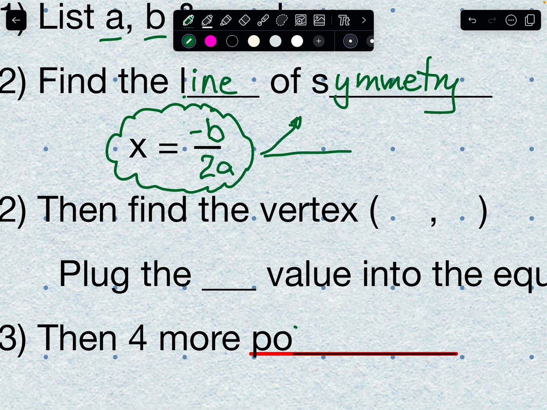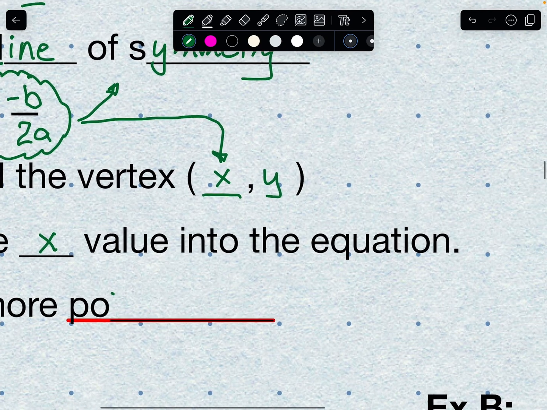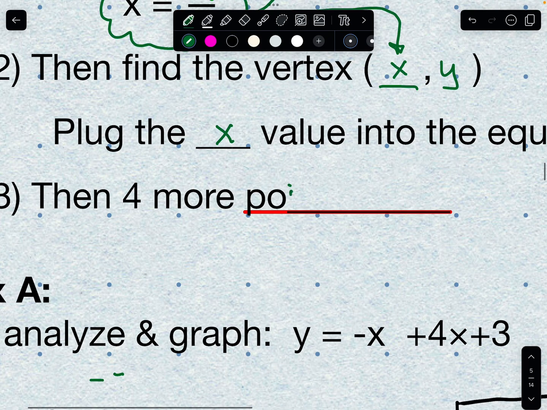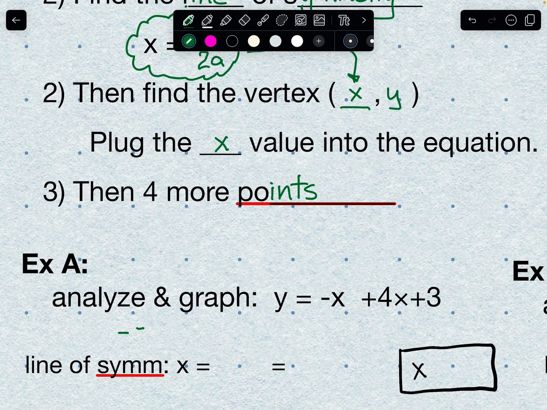Once you have that x value, we plug it in because we know the vertex will be on that line, and the vertex is the most important point. So the only question is, how do I find the y value? Just plug the x value into the equation. Then I'm going to show you how to find 4 more points, which makes a total of 5 points for this parabola. You'll have a really good idea of what it looks like at that point.